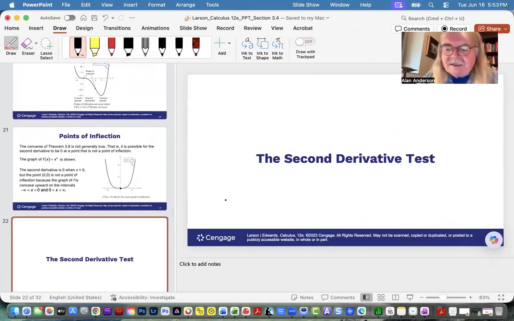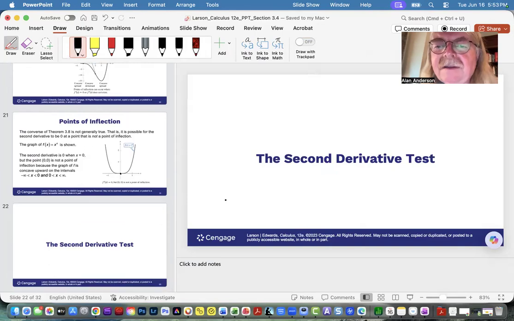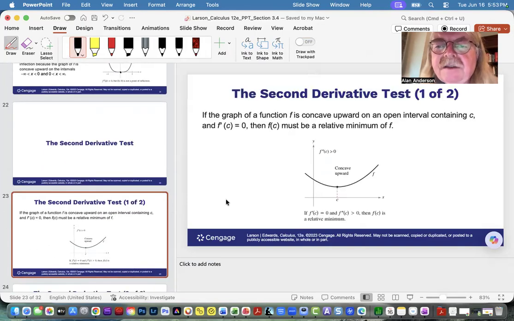So we tie all this together to give us finally, after all that, the second derivative test. So if the graph of a function is concave up over an interval containing c, and the tangent line is horizontal, then f of c must be a relative minimum.